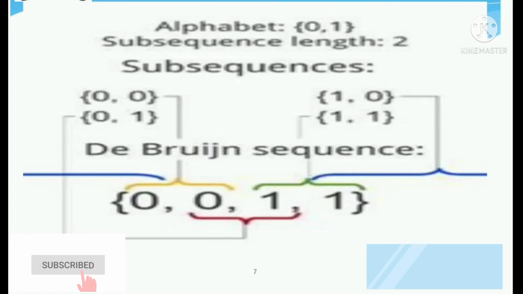Next, this is the alphabet 0, 1. The subsequences of length 2 are 00, 01, 10, 11.